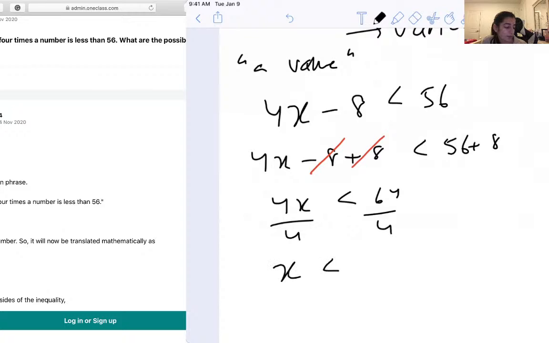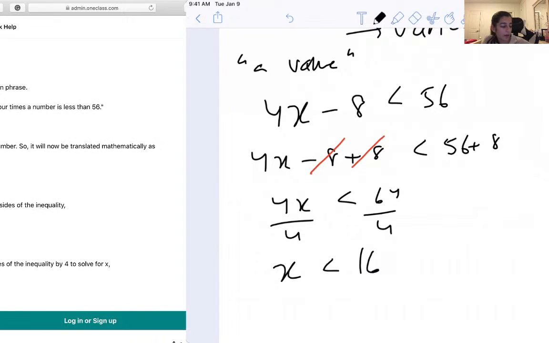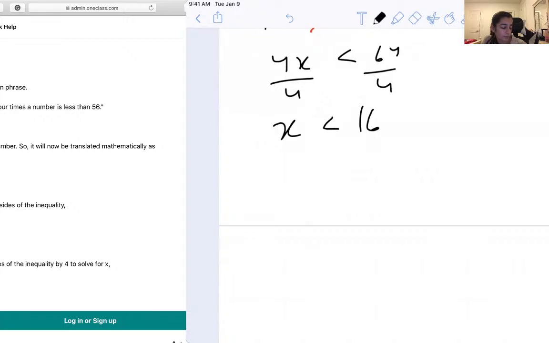Then what we can do is divide 4 on each side. 4x is less than 64 divided by 4, which is, on my calculator, 16. So x is less than 16.